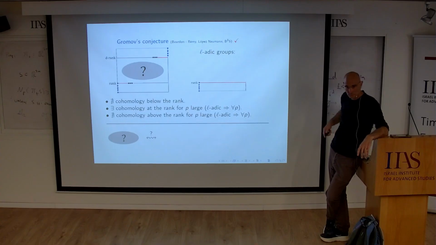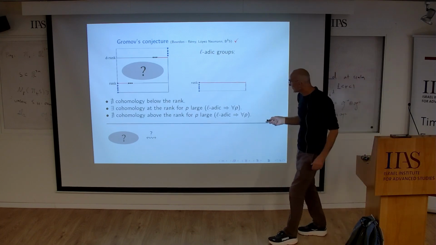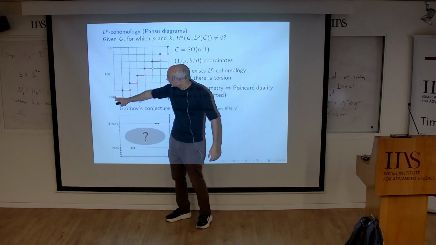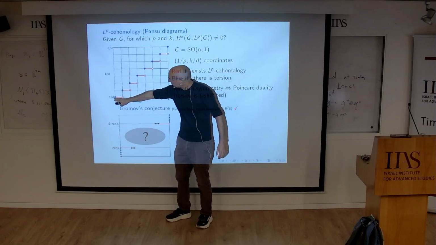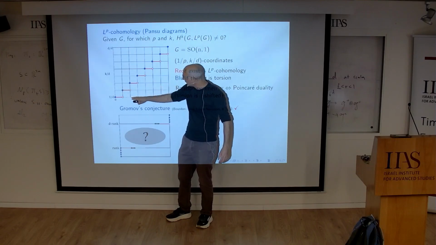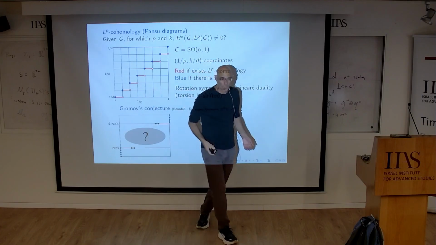At the rank, when P, we don't know, so we expect, here is at the rank for SO(n,1), and you have some cohomology, and then you don't have cohomology at the rank anymore at some point, but you start having cohomology in higher degrees.